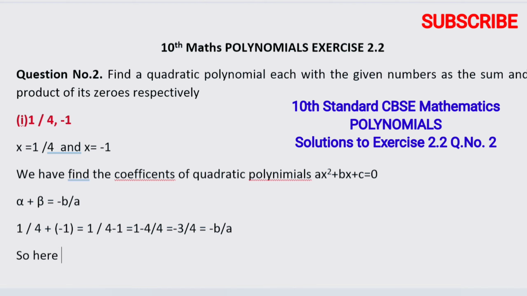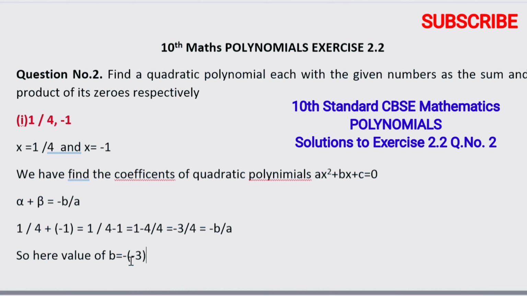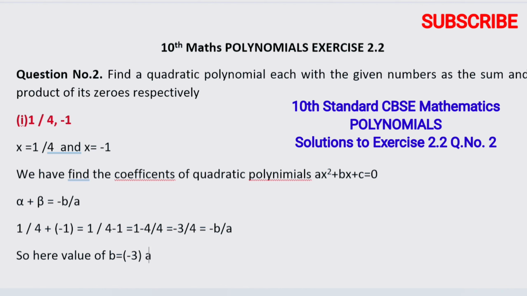So here the value of b is minus 3, because minus b by a equals minus 3 by 4. And the value of a is 4.